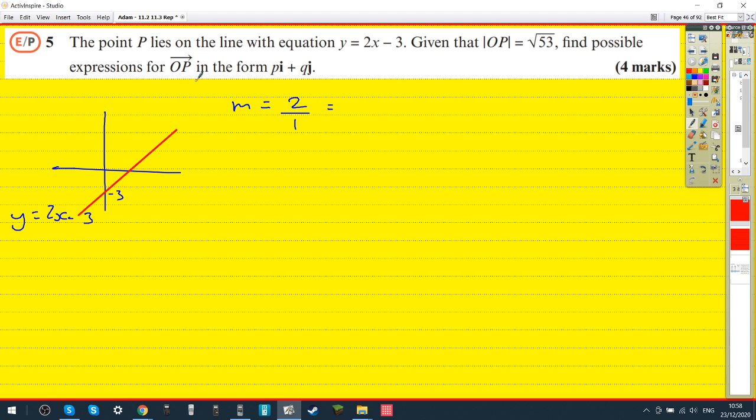So we know that it has to be parallel to 2, and so the vector OP times by something gives you 2.